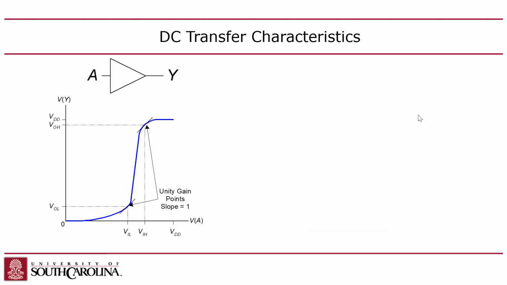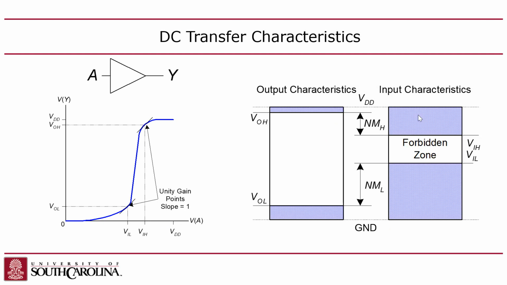It allows the gate to sort of clean up signals that have noise on them. So you've got noise on the input, and that noise on the input looks a little better when it comes out on the output, right?